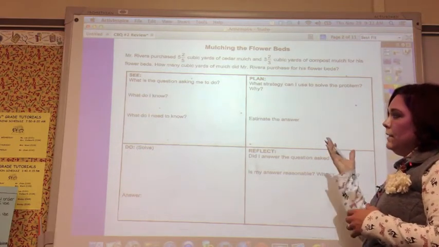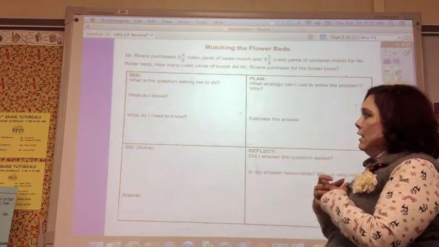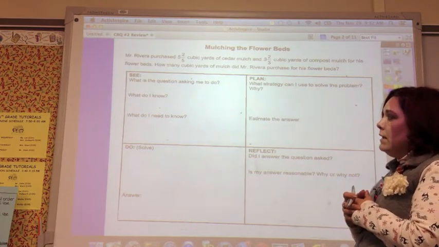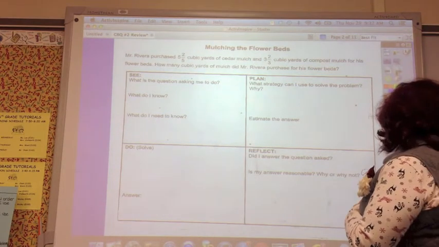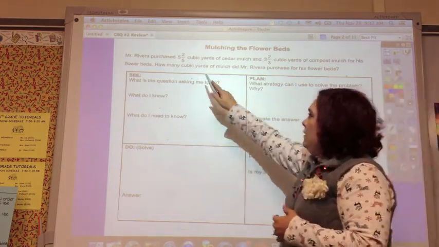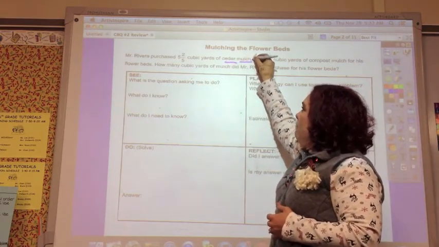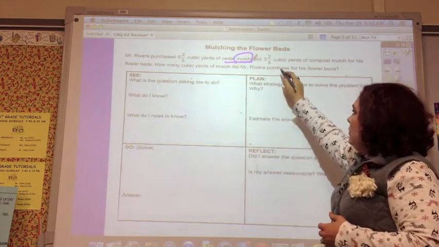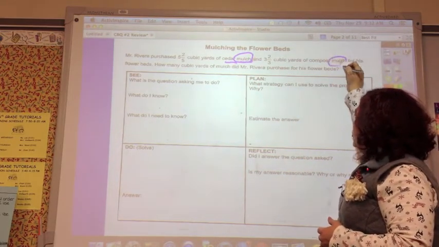So this is kind of a problem plan, and it says, what is the question asking me to do? Well, he purchased 5 2/5 yards of cedar mulch. That's just a type of mulch, and 3 2/3 yards of compost mulch.